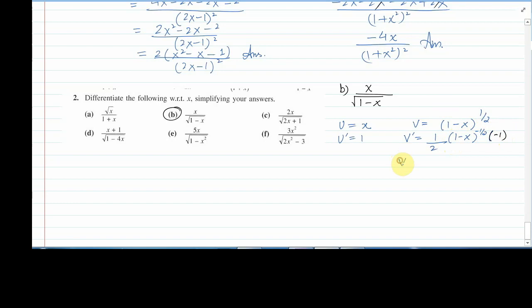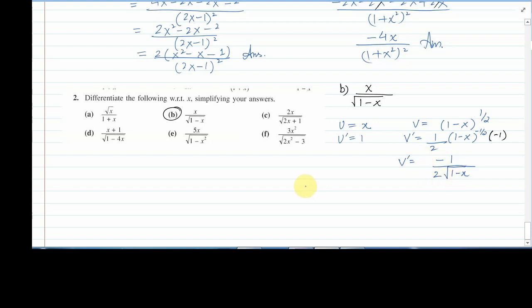So now v dash is equal to minus 1 divided by 2 with (1 minus x). This power minus 1 upon 2, when you shift it in the denominator, will be a positive power. So now we have u, v, u dash, v dash.